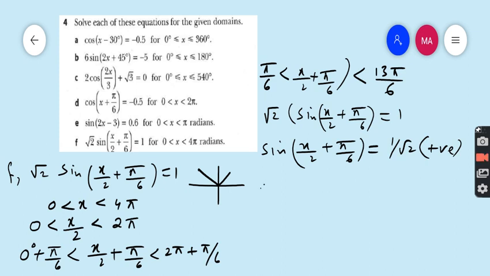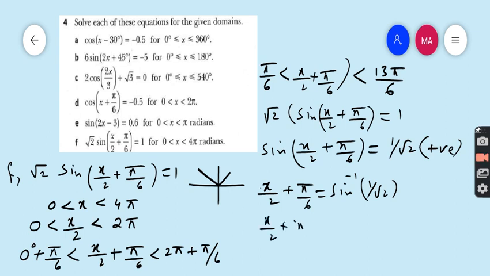So first find x by 2 plus pi by 6 is equal to sine inverse of 1 upon root 2, and because we are doing the work in radian mode, your calculator must be in radian mode.